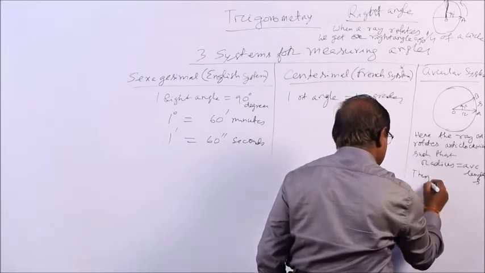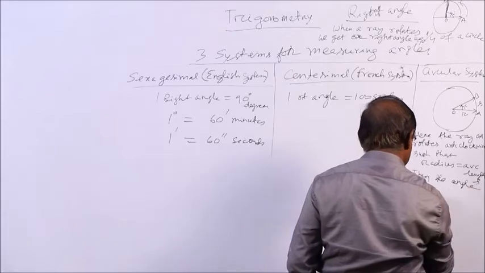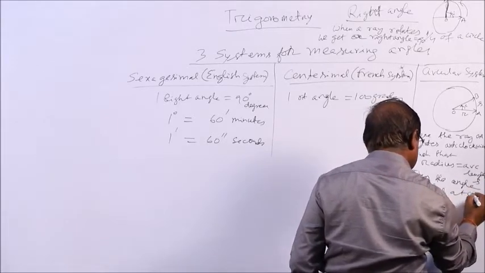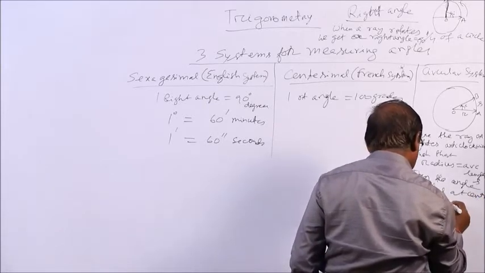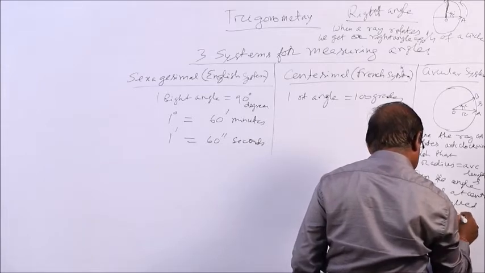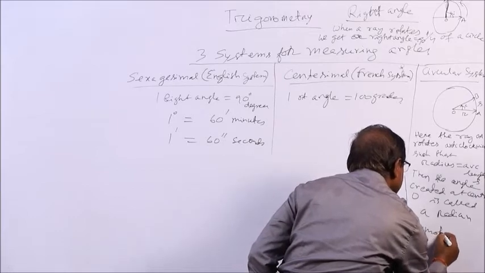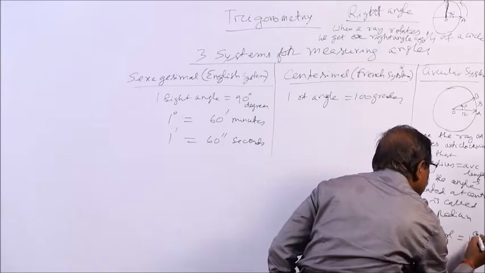Then the angle created at center O is called a radian, whose symbol is like this, 1 C, radian.